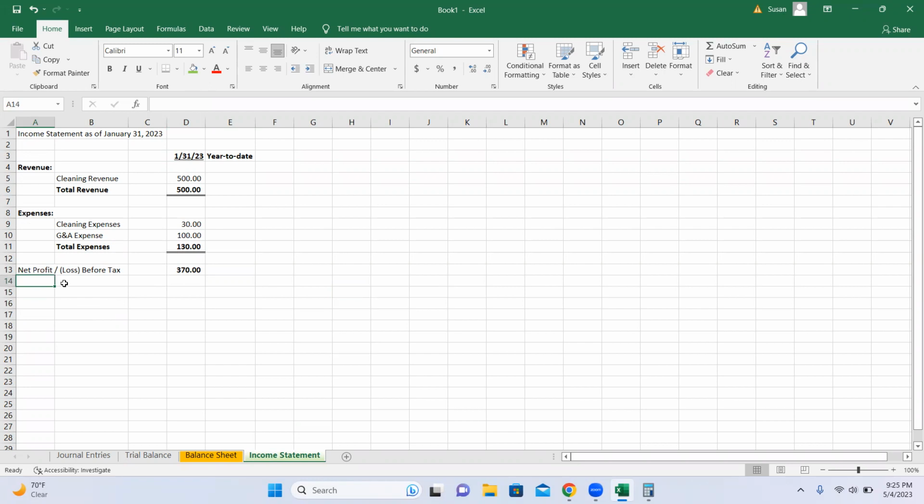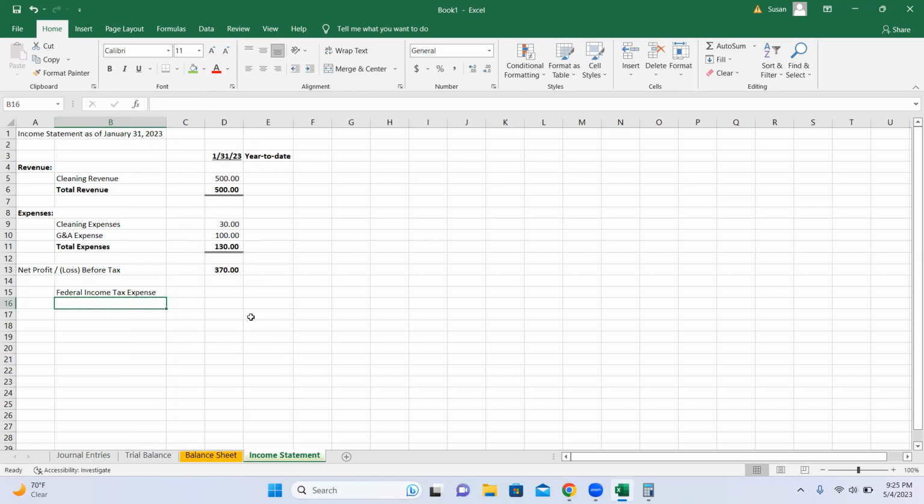You can put it here as a FIT expense, federal income tax expense. And there are no deferrals and other things like that. Let's just assume for simplicity purposes, as a C Corp, it's a straight 21%. So now you will have your net income here.